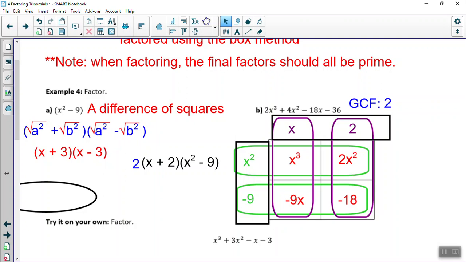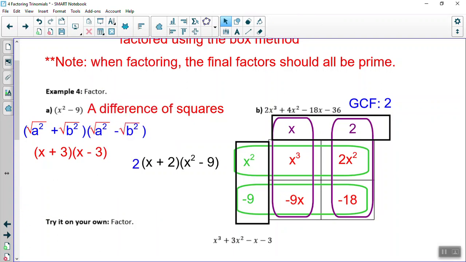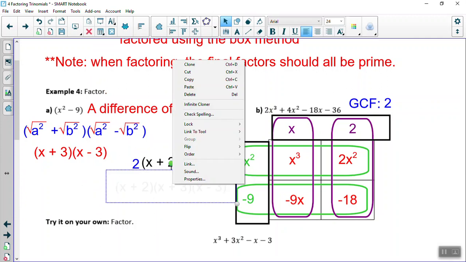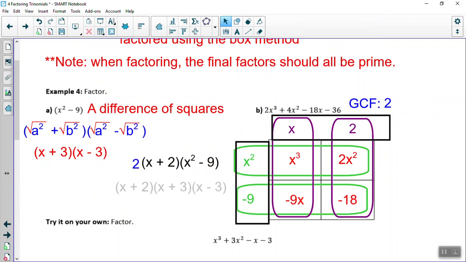So now we're going to bring that in. And then that greatest common factor, again, has to come down and be in front. So now we have our final answer.